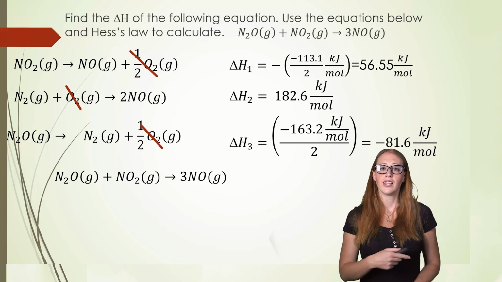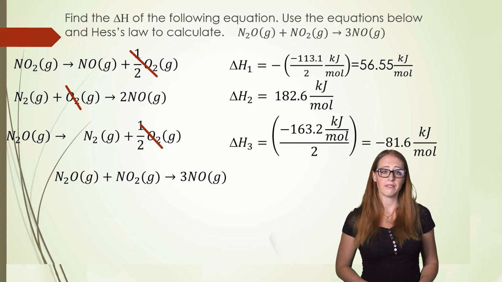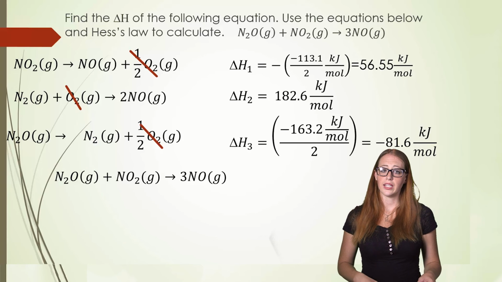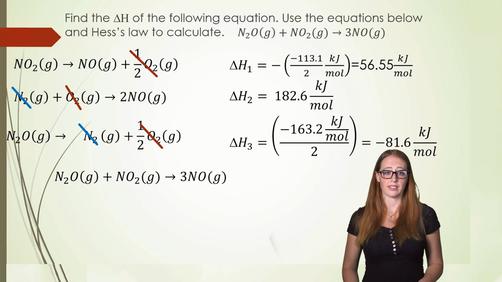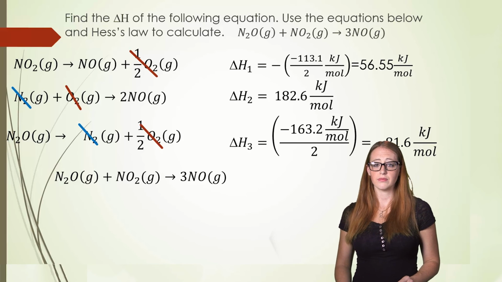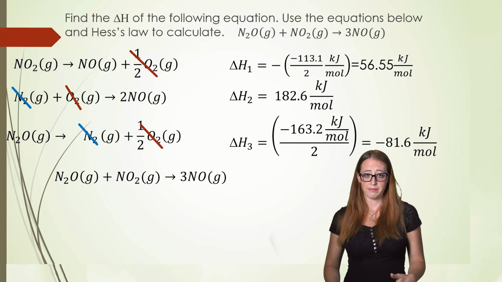That's what we want. Now let's look at our N2s. In the second reaction, we have an N2 in the reactant side, and we have an N2 in the product side on the third reaction. So those are going to cancel out. So now we just need to make sure that everything else adds up.